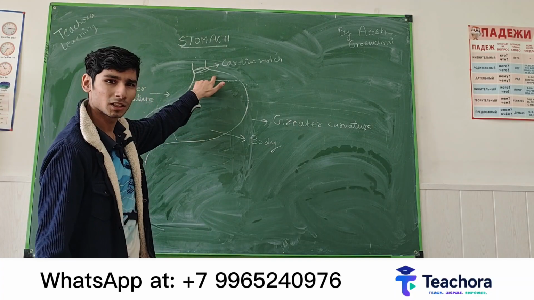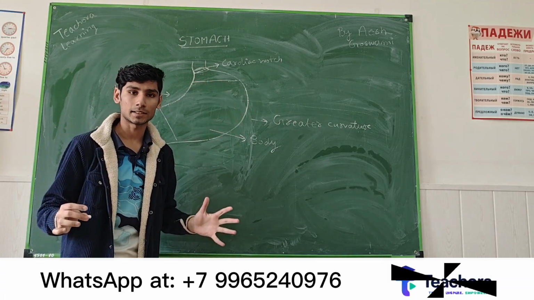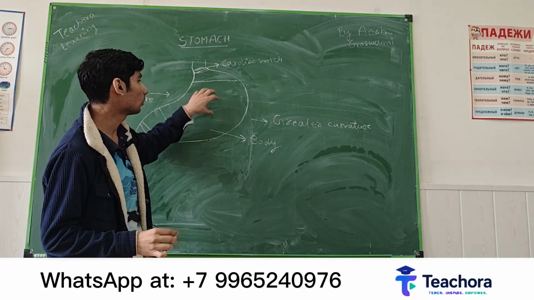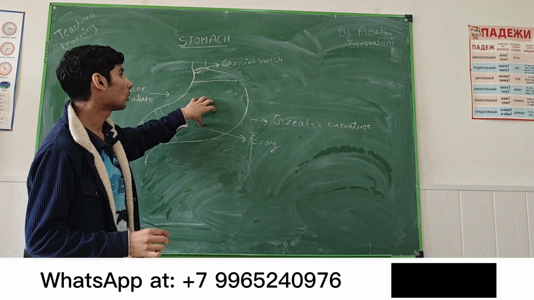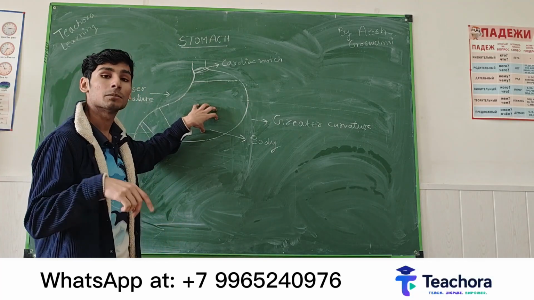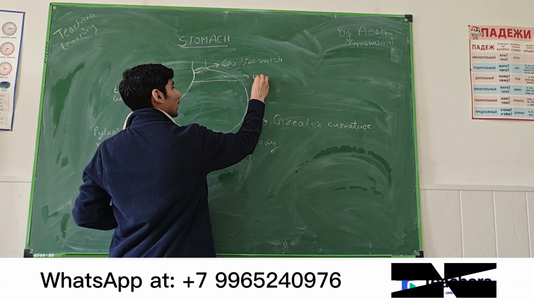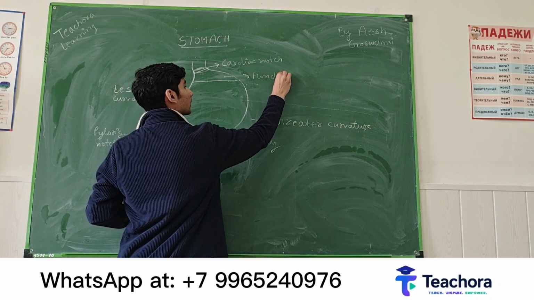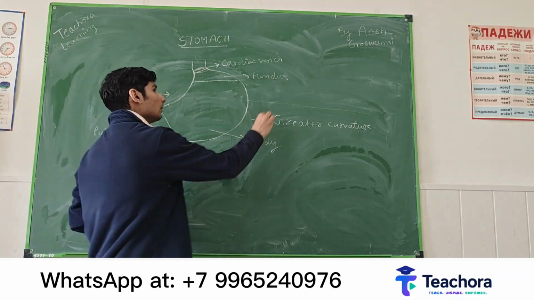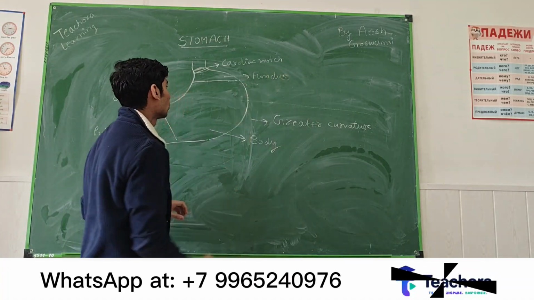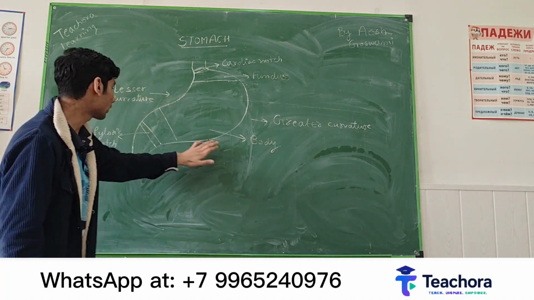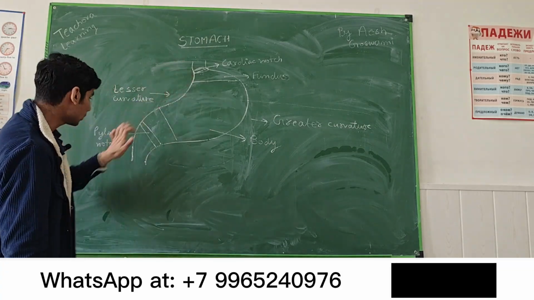And this part is where gases from the enzymes and from digesting the food accumulate. This area where the gases accumulate is called the fundus of the stomach. So: greater curvature, body, lesser curvature, cardiac notch, pyloric notch.